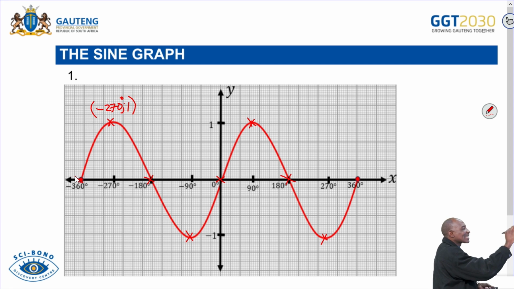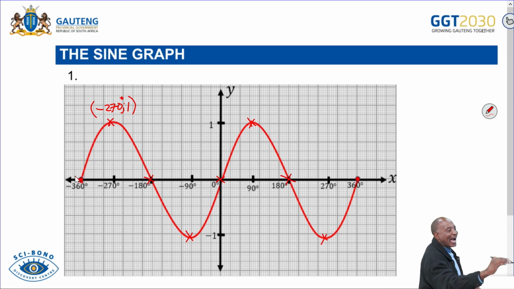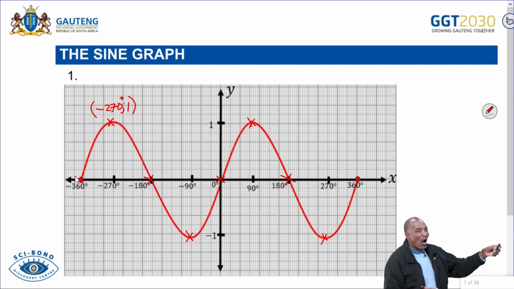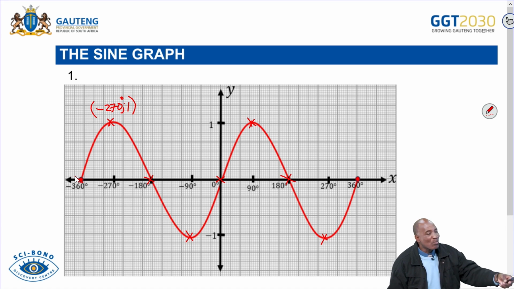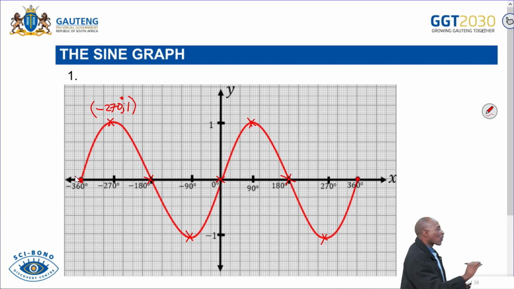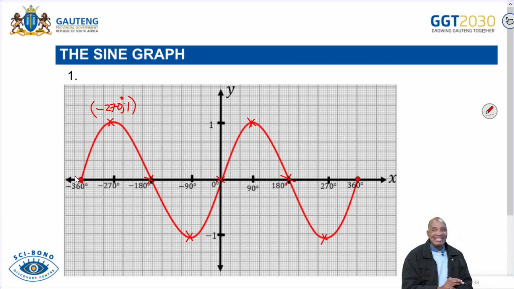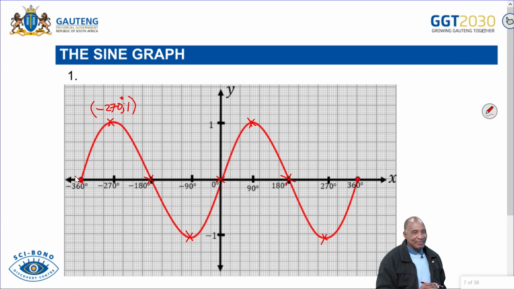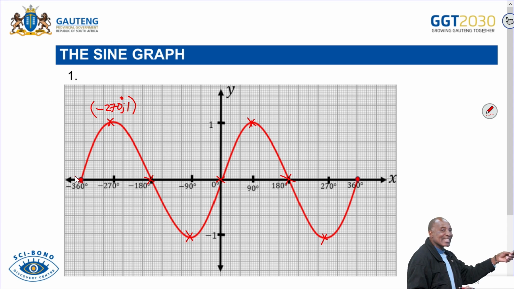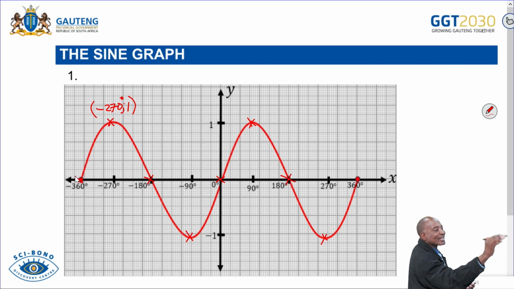Otherwise, we are noticing a movement of some kind. It's an up and down movement in a smooth curve. So we are going to join those points using a smooth curve until we get to 360 degrees. And then that graph will be defined. So this is the behavior of this sine graph between -360 degrees through 0 to 360 degrees on the other side.